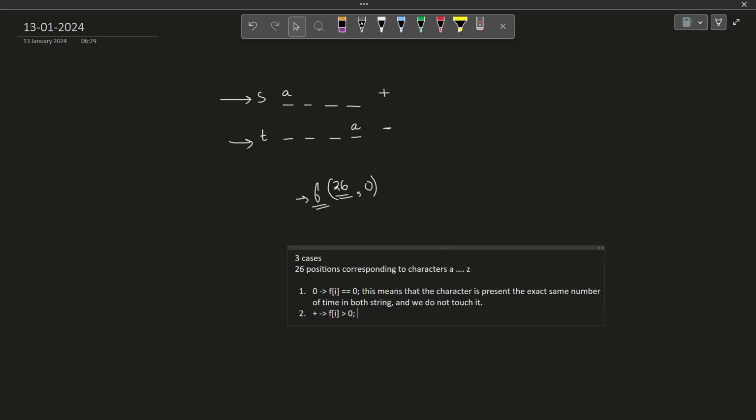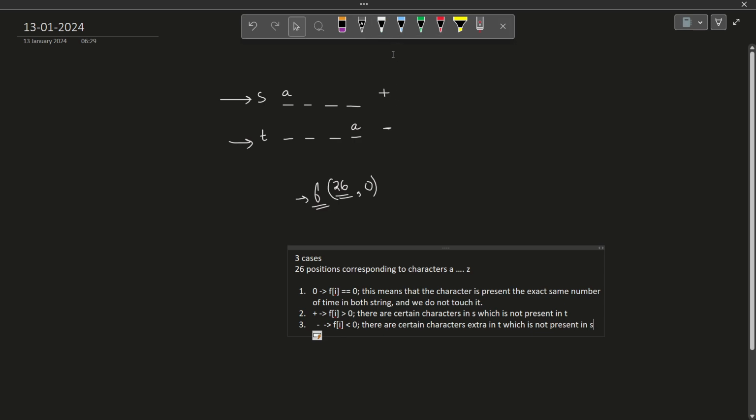If this is the case, that means that the character was added by S but was not removed by T. That means there are certain characters in S which are not present in T. For the third case, if I have a negative value, so let's say f of i is less than 0, that basically means there are certain extra characters in T which are not present in S, right?